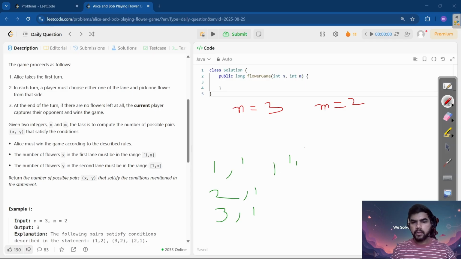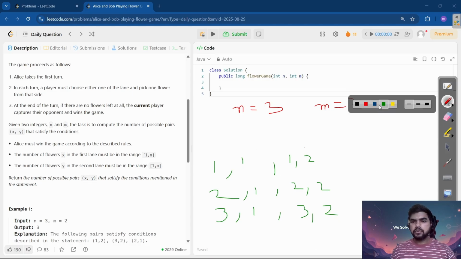Then the next pairs will be 1 comma 2, 2 comma 2 and 3 comma 2. Okay, so these are the six pairs that we can make actually.